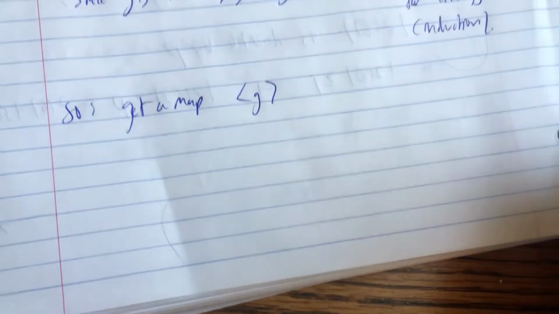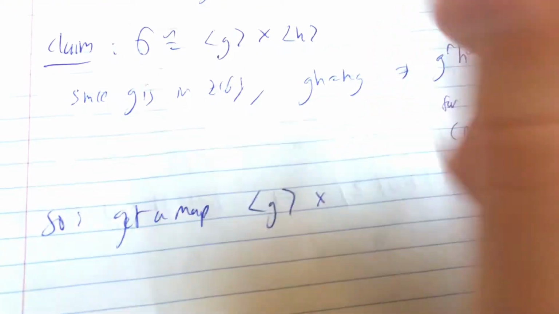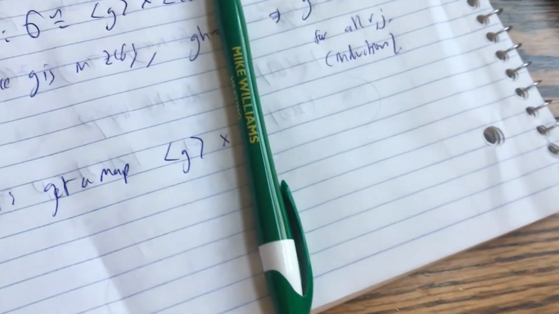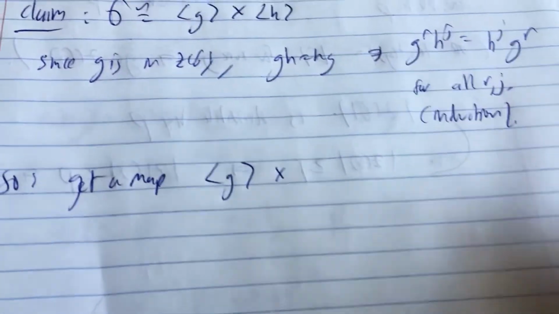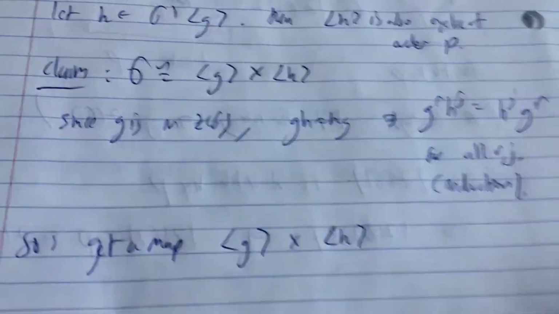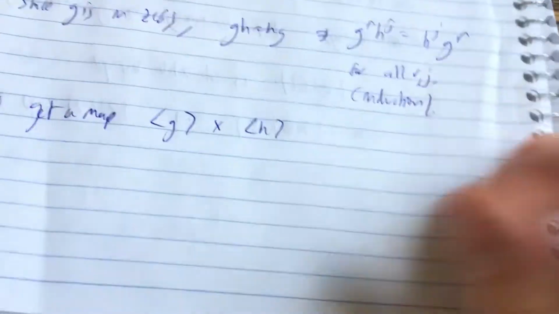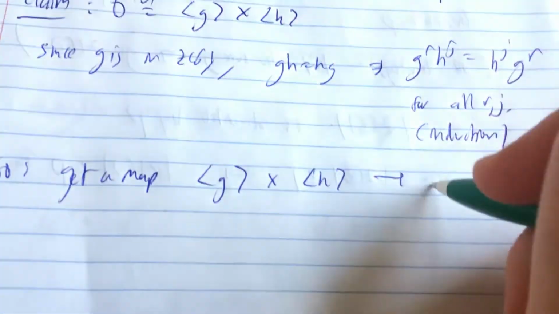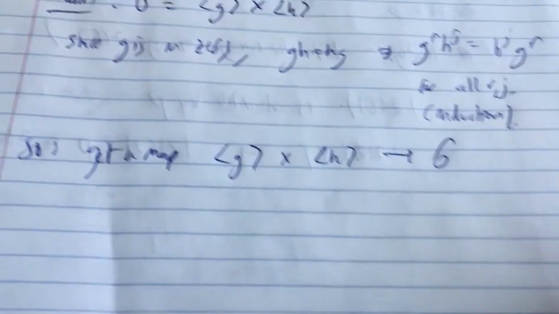So we get a map. Let's break it down a little bit more. You get a map from this product of cyclic groups, the subgroup generated by g cross the subgroup generated by h, to big G. And what is the map doing?